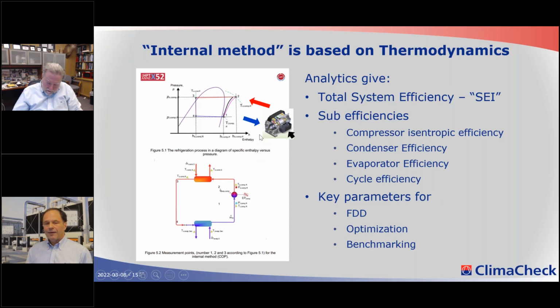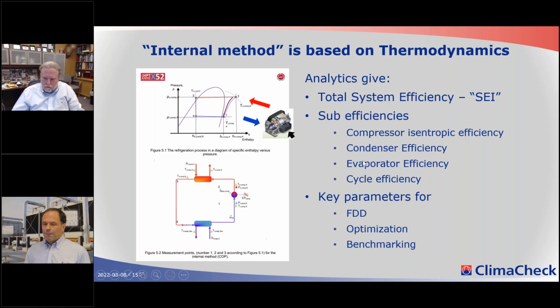And then the trick with the internal method is to use the compressor as a flow meter. We know that the energy laws apply, so if we put electricity into a compressor, it comes out as enthalpy change. Then we can calculate the mass flow of the refrigerant, and then we know the heating capacity and cooling capacity.